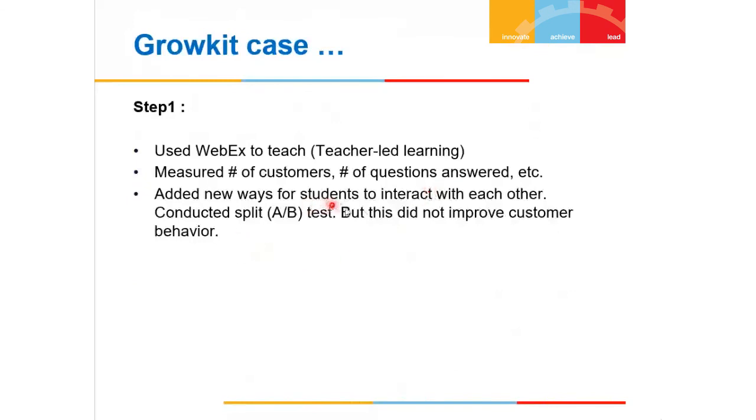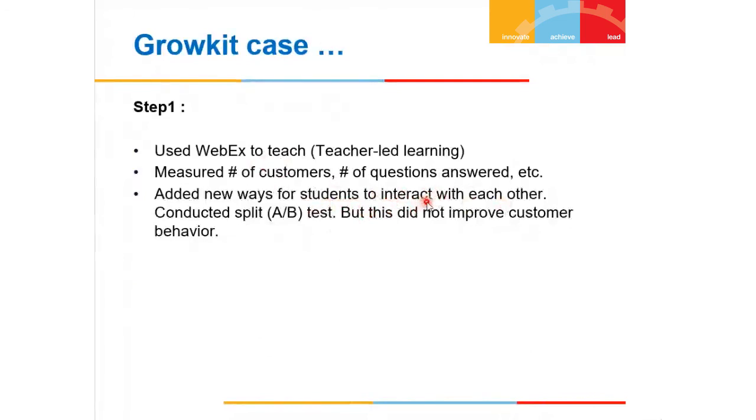Then he added new ways for students to interact with each other. Apart from teaching using WebEx, he created a website, like a social media, where students can interact with each other. And he conducted a split test, A/B testing. That means when he introduced this interaction feature, he did not open it up for all the students.